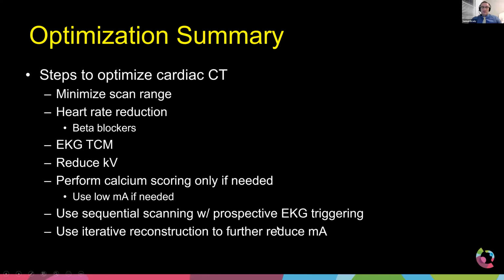Then use iterative reconstruction to further reduce your mA. And that's just with all of the scanning. I almost assume that's standard. I probably should just take that off, because if you're not doing iterative reconstruction, either your CT scanner doesn't allow that because you just have an older scanner and you're stuck doing filtered back projection, or you just haven't turned that on.